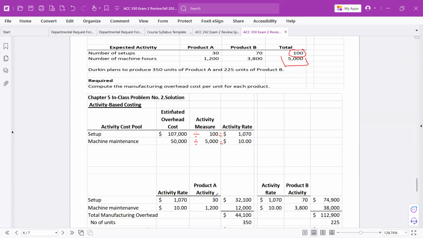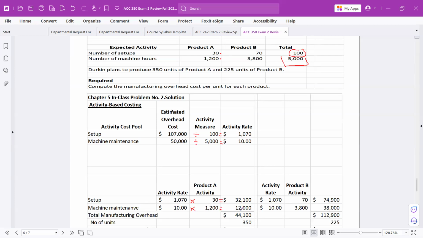So for product A, we've got our two rates, 1070 and $10, and we want to multiply times the activity. So we can trace 30 setups to product A. 1070 times 30 gives us 32,100. We can trace 1,200 machine hours to product A. $10 times 1,200 gives us $12,000.